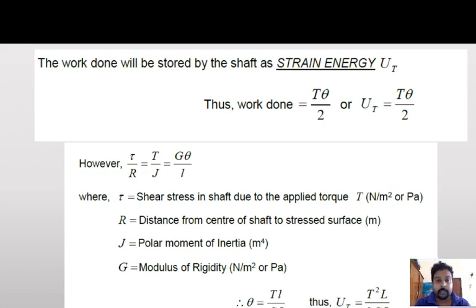Now you can take theta to one side, and therefore theta equals TL divided by GJ. So you can substitute into the equation for U_T as half T theta, which is equal to half T into TL divided by GJ. So the total energy of deflection due to torque is T squared L divided by 2GJ.